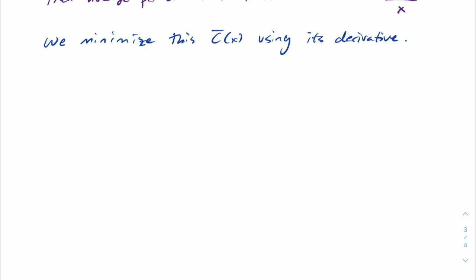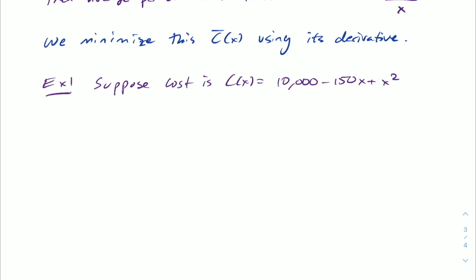Let's consider the cost function C of x equals 10,000 minus 150x plus x squared. And let's minimize the average cost associated with this function.